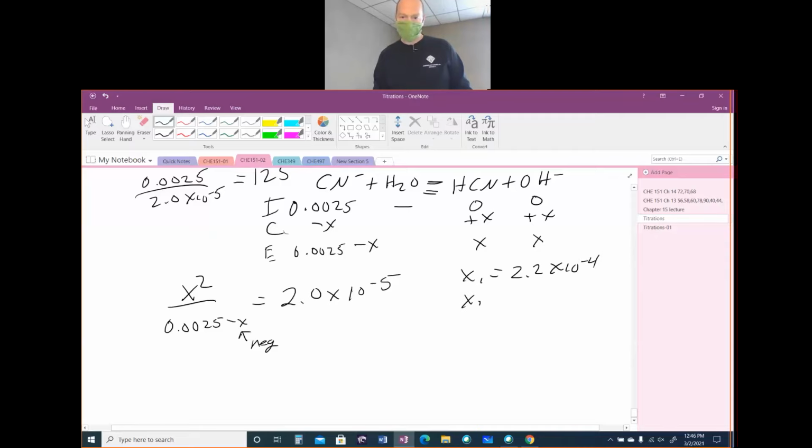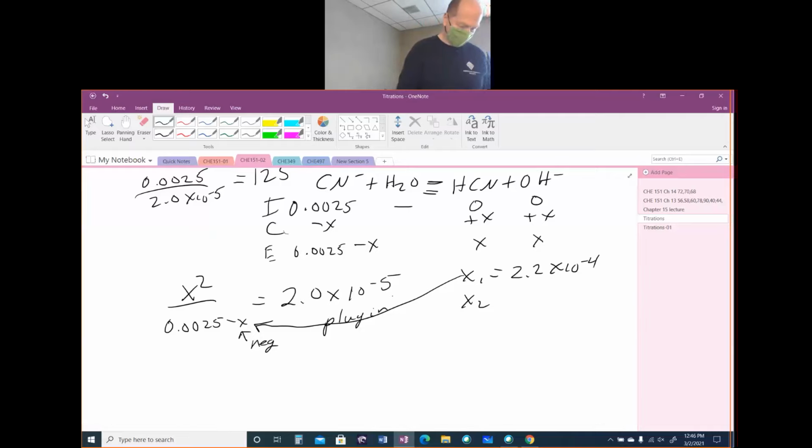So we plug that in, and we get our x2. So we have 0.0025 minus that answer times 2 times 10 to the minus 5, and then the square root of that. And our second answer is 2.1 times 10 to the minus 4.